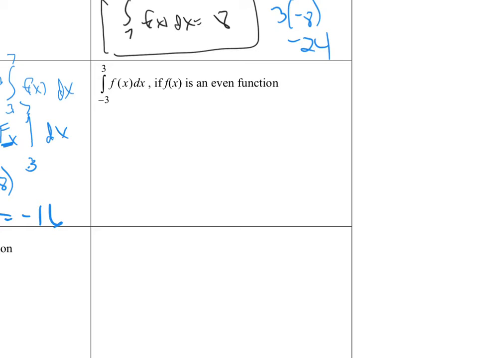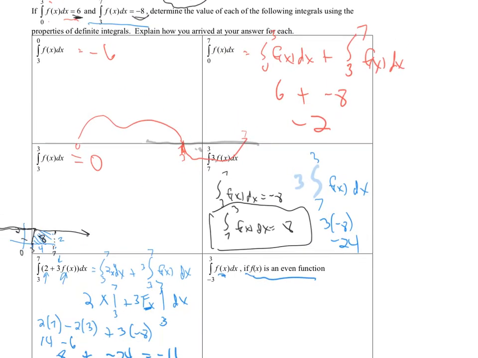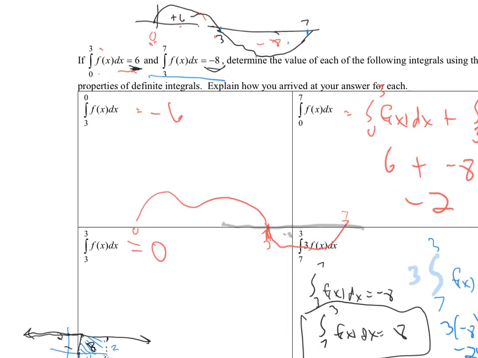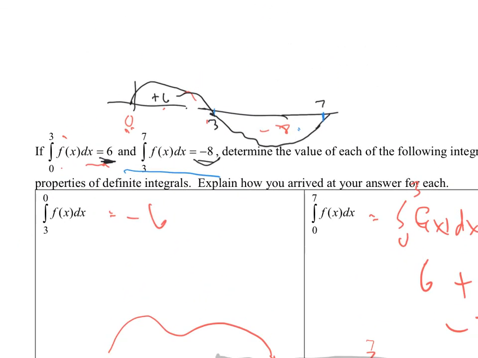Now he said here, negative 3 to 3 of f of x if we know f of x was even. See, we don't have negative 3 to 3. The problem is, in my picture, I have no idea what it looks like at negative 3.